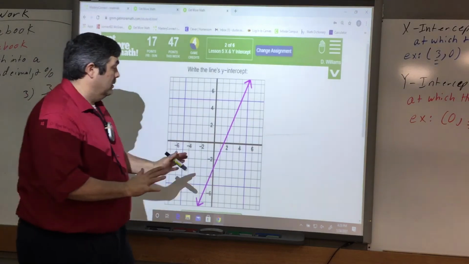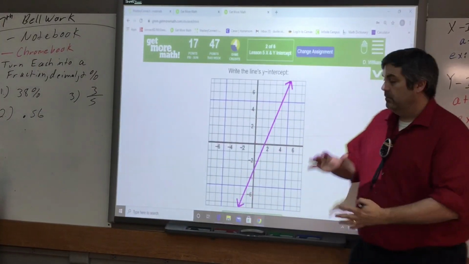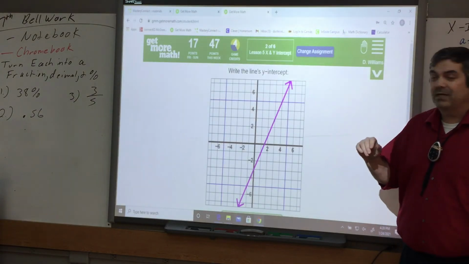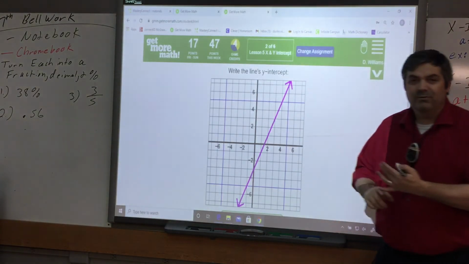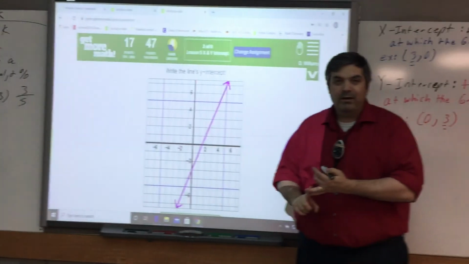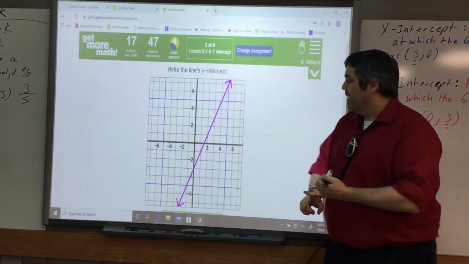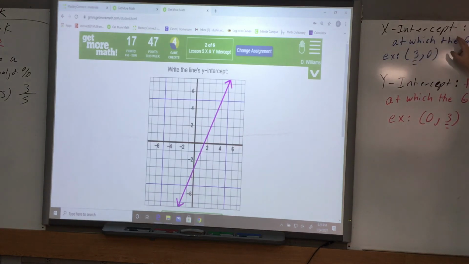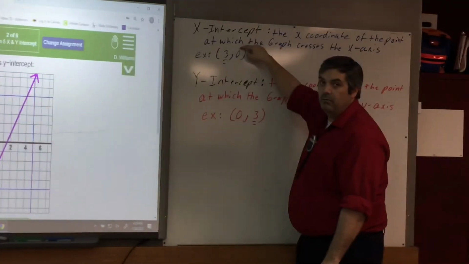That is one of the easier lessons you're going to have this year, but it's so easy to mess it up if you mess up which one's your x-axis and which one's your y-axis. Remember, when you do x-intercept, there'll be a number for your x, and then your y is always 0.